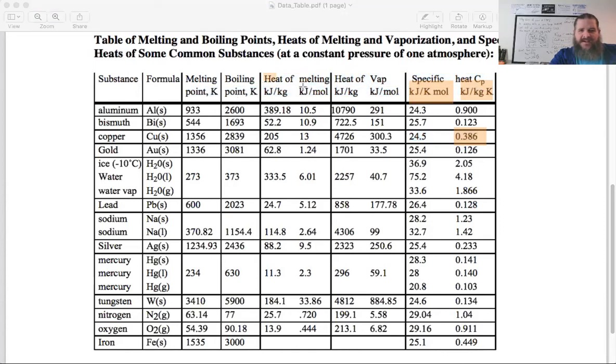Again, it lists two values. We're talking about kilograms, so we'll just use kilograms. Heat of melting for water, that's this 333.5. So delta H for water melting, 333.5 kilojoules per kilogram. And I think that's all the information we're going to need.